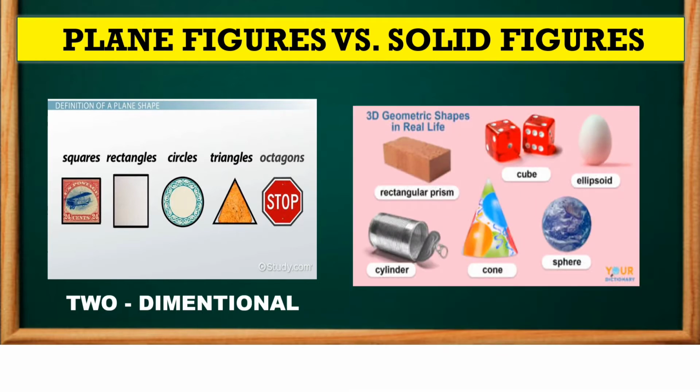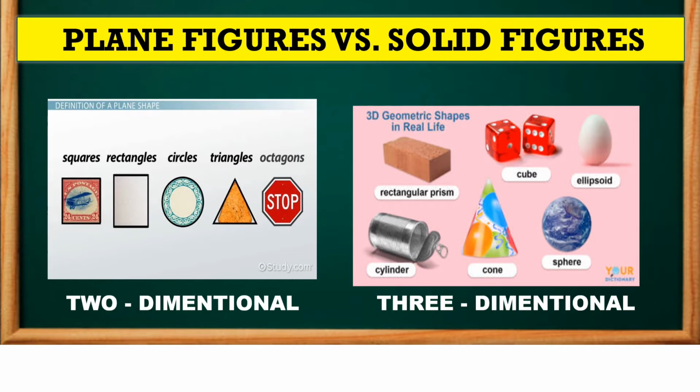Now, if you look at this set of figures, it is what we call the three-dimensional figures, or simply a solid figure. Kasi nga, as you can see, we can identify na mahahawakan natin sila. It is a three-dimensional figure. Examples are the rectangular prism, the cube, the ellipsoid, sphere, a cone, and the cylinder. Those are the examples of the solid figures.